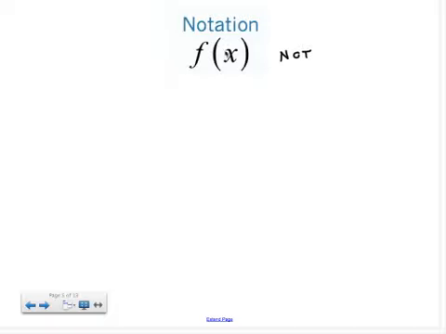So this is not f times x. That's a huge point, because there are times where you're going to be tempted to treat it like multiplication, but it's not.